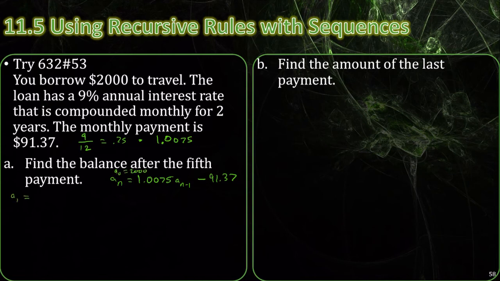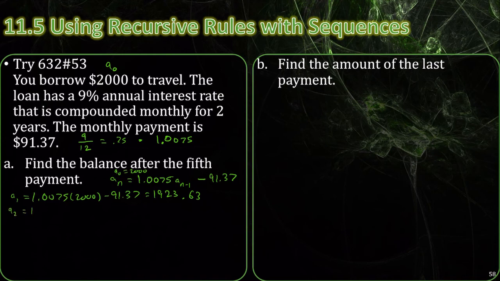So A1, now why did I call it A0? Because this is the amount before you have paid any payments. So that's after the 0th payment. So after the first payment, they're going to charge interest on that $2,000 and then subtract the $91.37, which gives you $1923.63.